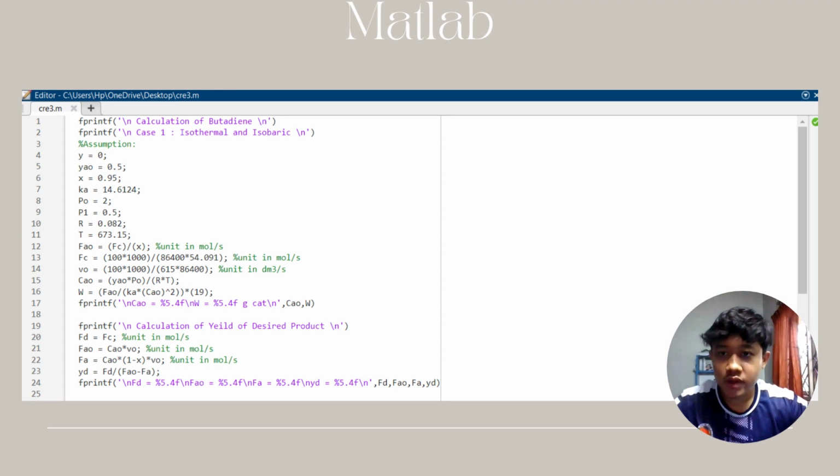My name is Nazrul Naim bin Fadli and I will explain the MATLAB part. We have our calculation here and we insert the title, calculation of butadiene case 1, and this is our assumption. We insert the value of the assumption and then we insert the formula of W, which is FA0 over k CA0 squared times the integration. Finally, at the bottom, we insert the command printf to display the value.